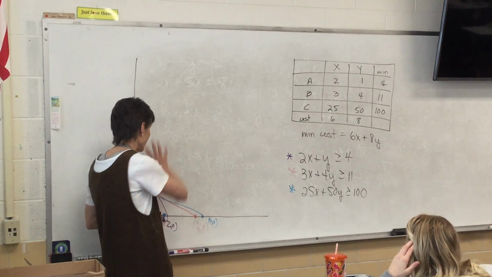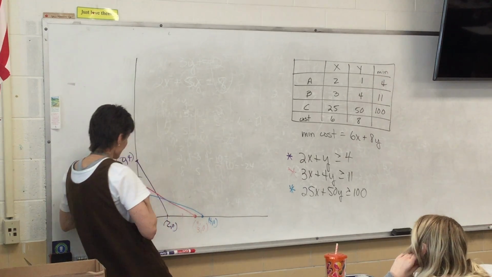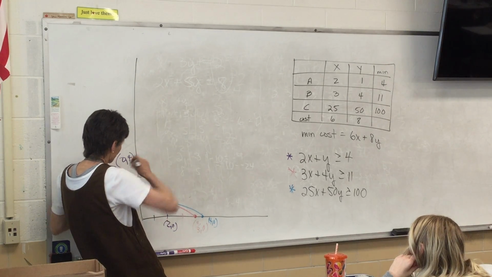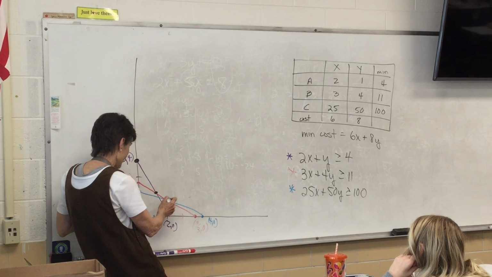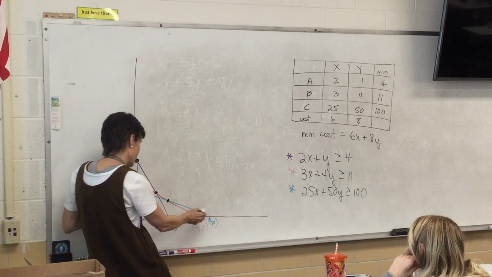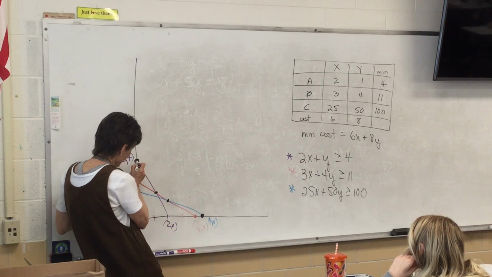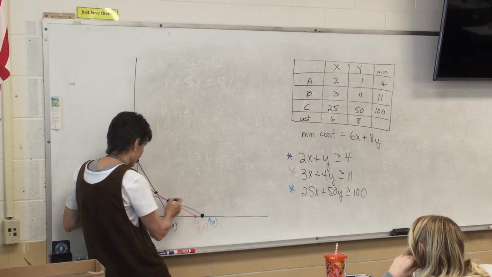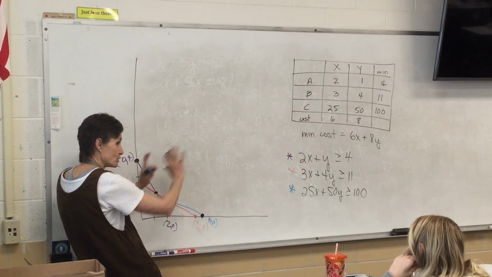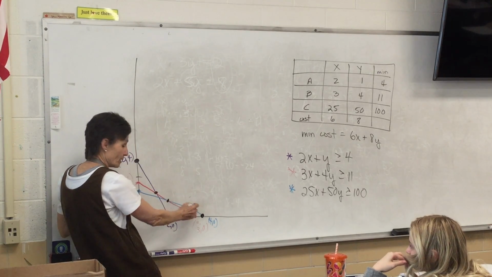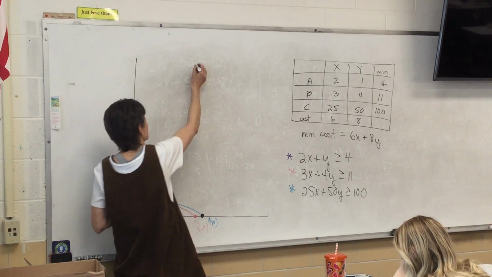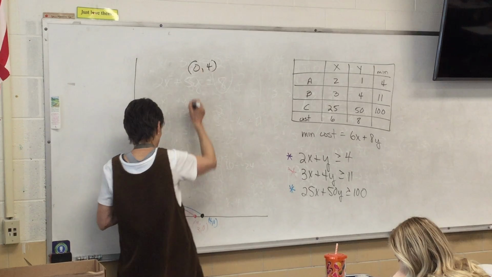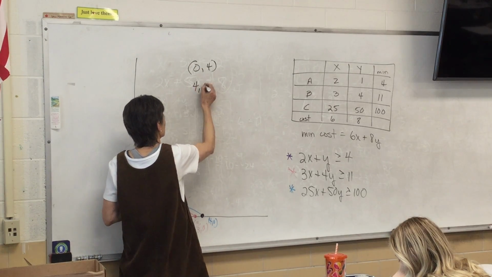So I have all of this shaded here, and the corners of that shading are right here, right here, right here, and right here. Here's my shaded region, the outermost parts. Did everybody agree with that? Yes. So the points are 0, 4, and 4, 0.